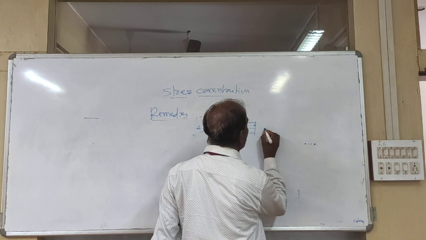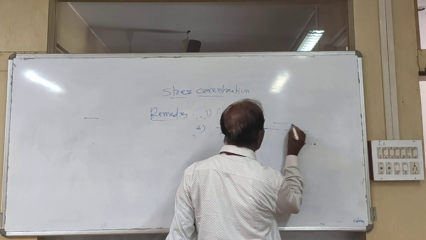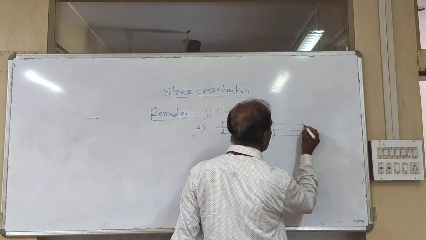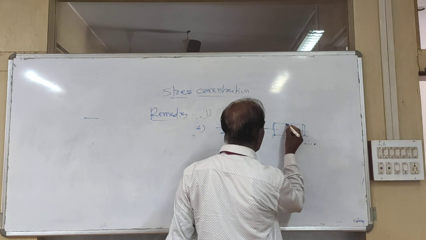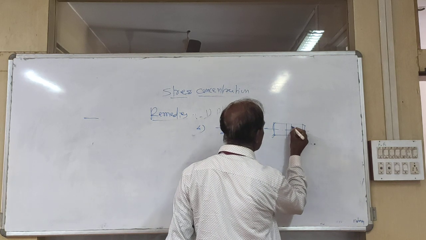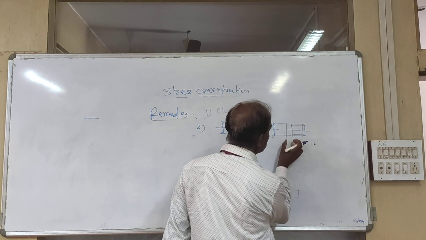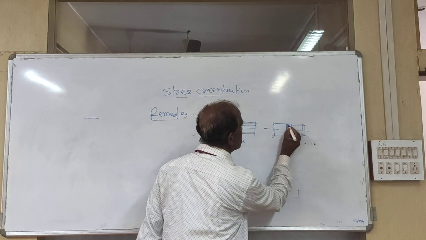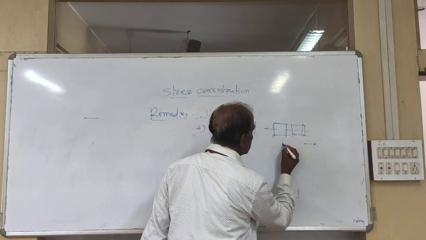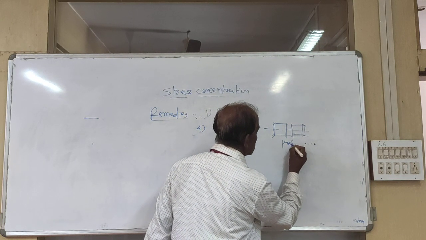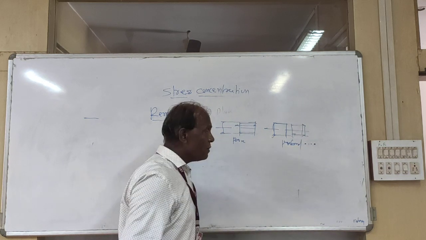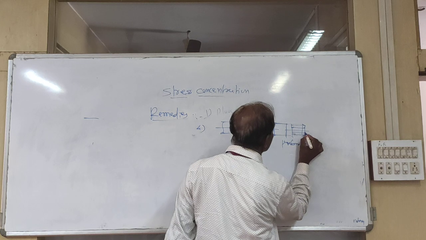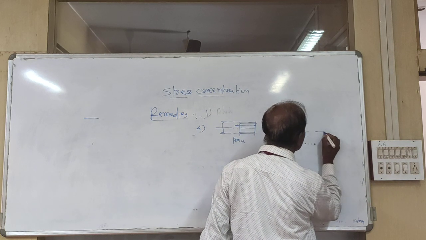Instead of this, in the same part, provide some gap up to this. This portion will be left. So this goes till the end, but this portion is left up to this. This may be preferred, because in this case stress lines are shifted like this.